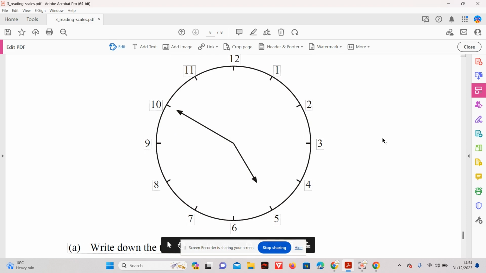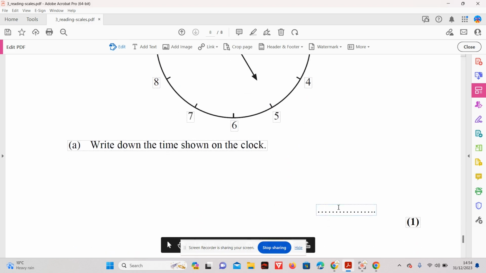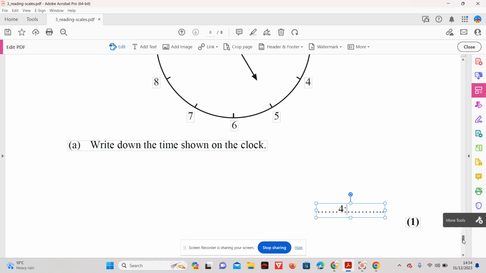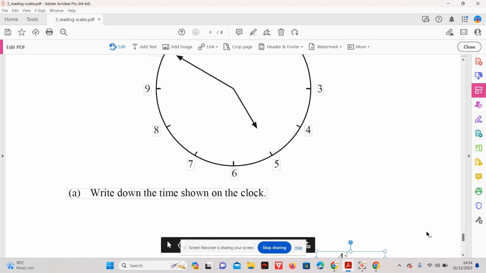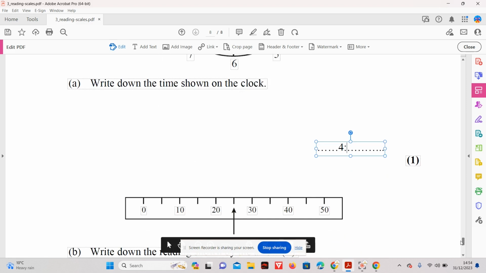Essentially, because this is 10 minutes before 5 o'clock, we're still on the 4 system. So the answer would be 4, and the 60 minutes in an hour go up in 5s, so it's 0, 5, 10, 15, 20, 25, 30, 35, 40, 45, 50. So the 10 is worth 50, so the answer is 4:50. Job done.